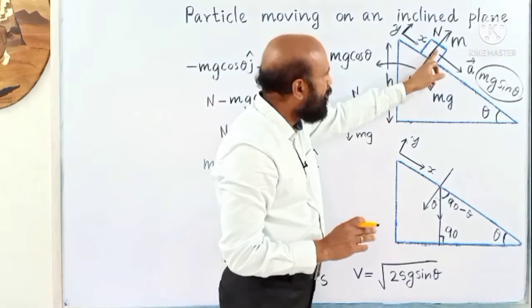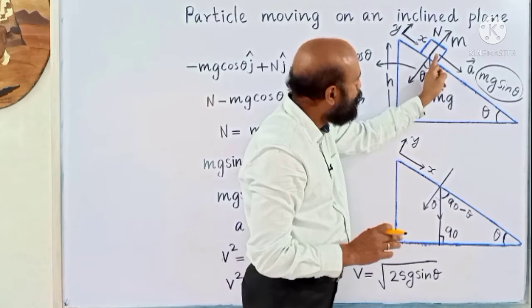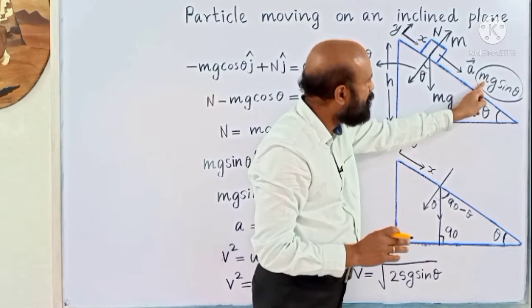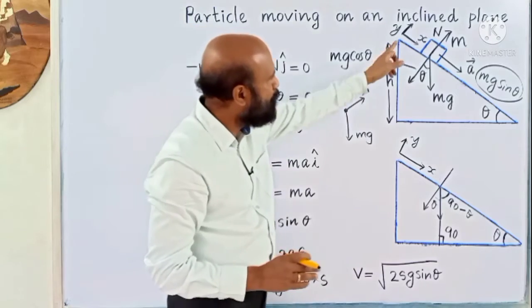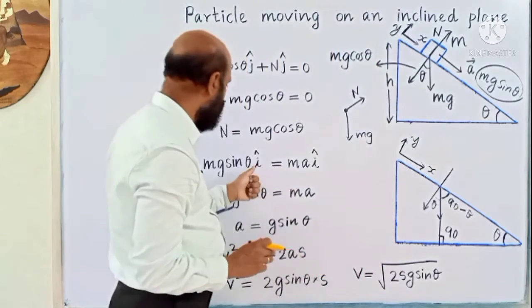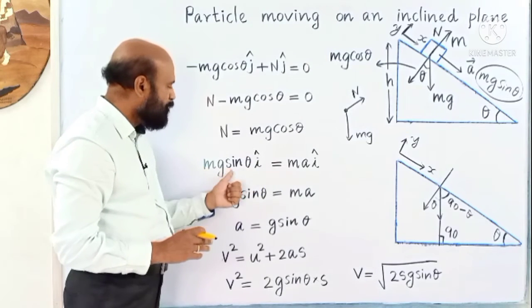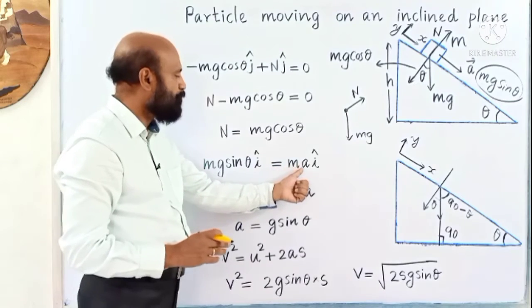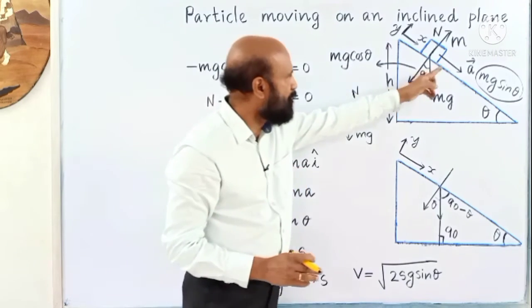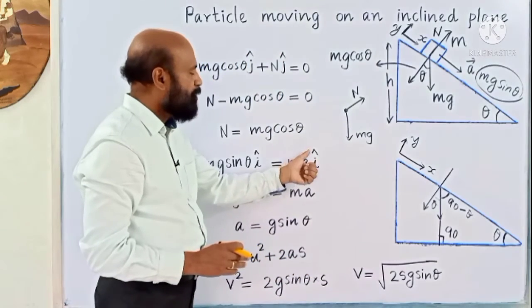Then there is an acceleration along this direction, so the force acting along this direction is mg sin theta. Since it is acting along the x-axis, with i cap the unit vector along the x-axis, it is mg sin theta i cap. Then there is an acceleration along this direction, so m a i cap.